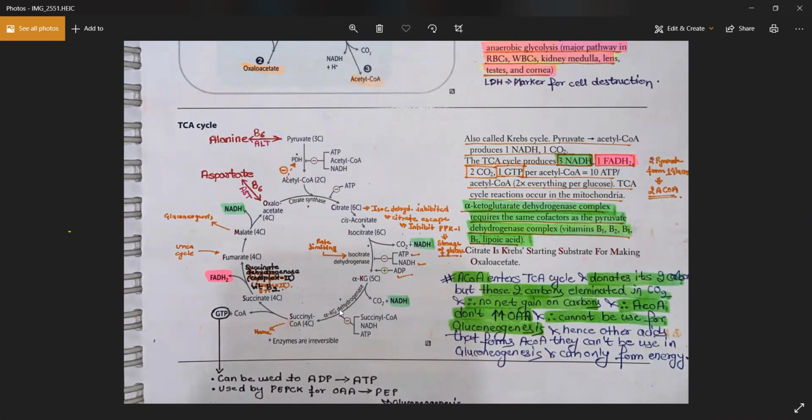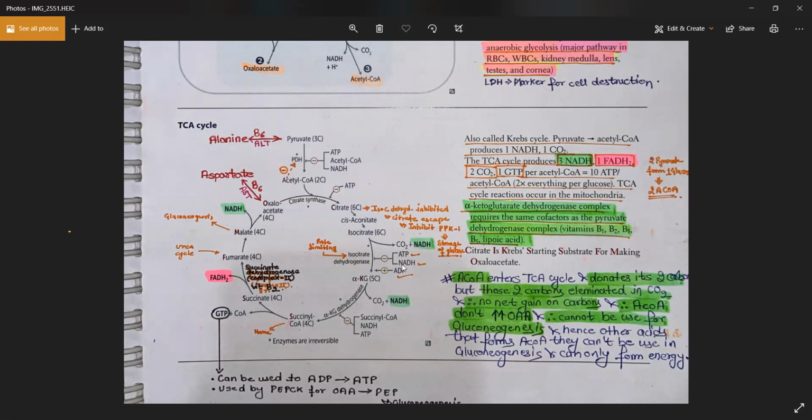Good now. So you don't need to remember every step of the cycle, but you just need to remember that this isocitrate dehydrogenase is actually the rate limiting step. And this alpha ketoglutarate dehydrogenase is the enzyme that requires the same cofactors as this pyruvate dehydrogenase complex.